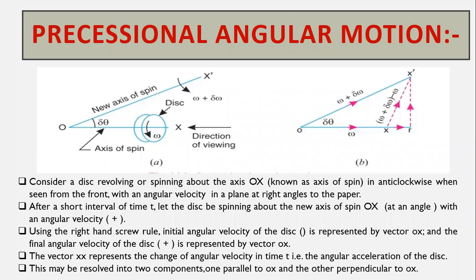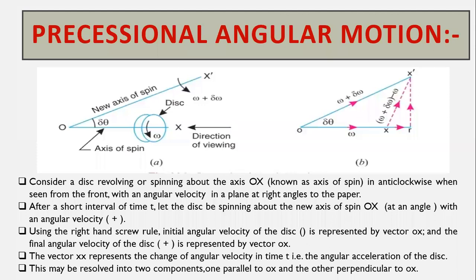This type of couple is known as gyroscopic couple, and this angular motion is called precessional angular motion with an angle of delta theta. These are the main components in the precessional angular motion.